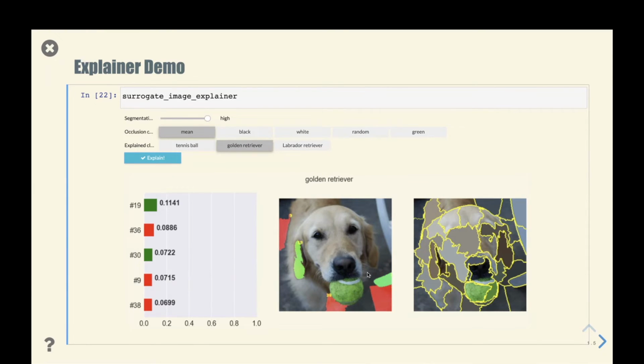So for example, you would cover the tennis ball with, I don't know, a cricket ball or something else to see whether this would affect the prediction in any way. So there are different ways to do that. But all in all, it has to be meaningful to humans because you are directing these explanations toward humans.